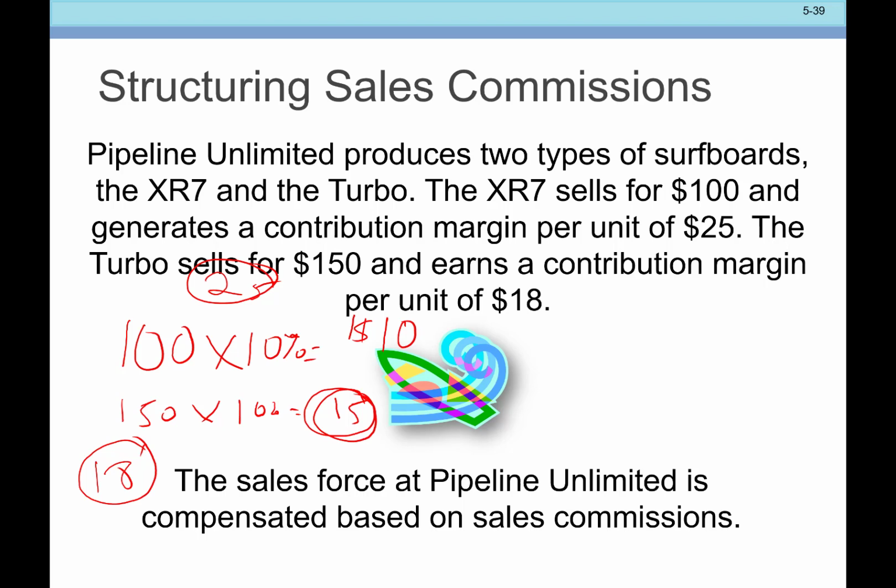So what would you do if you were running this company? Would you tell your salespeople, hey, sell the one that sells for $100, take a smaller salary home, don't buy your kids any presents this week? Is that how you handle it?